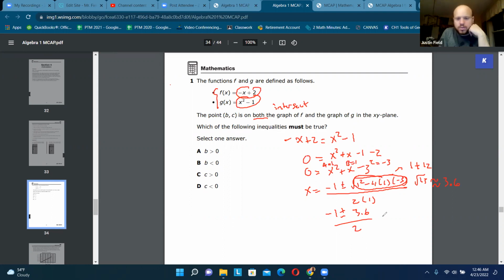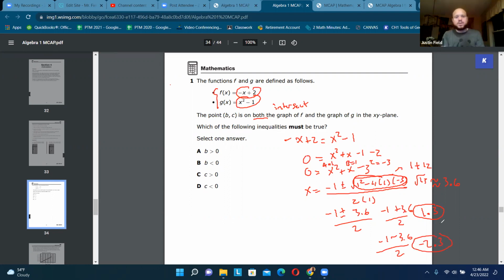So -1 plus or minus 3.6 over 2. So -1 plus 3.6 over 2, and -1 minus 3.6 over 2. -1 plus 3.6 divided by 2 is 1.3. And -1 minus 3.6 divided by 2 is -2.3.